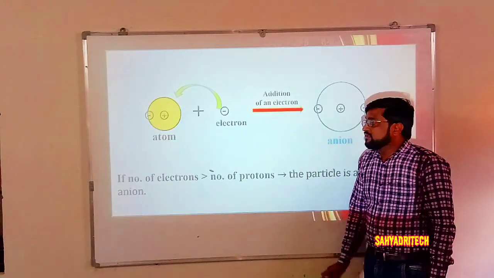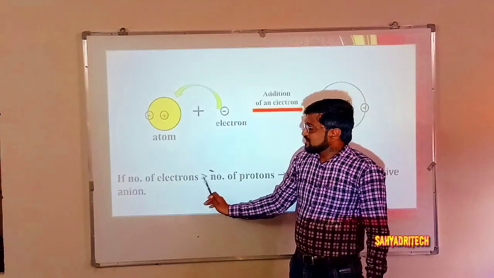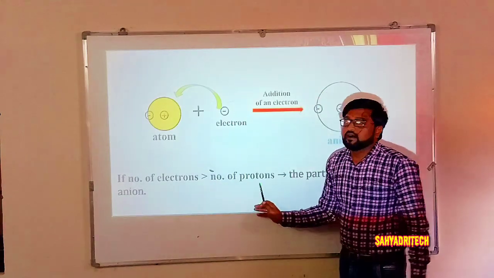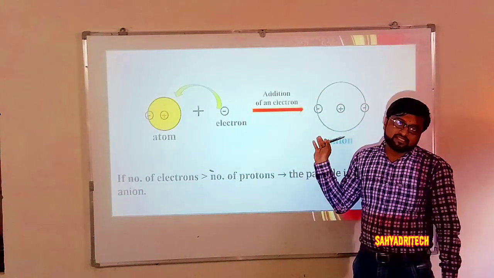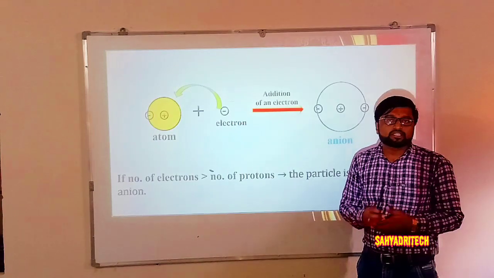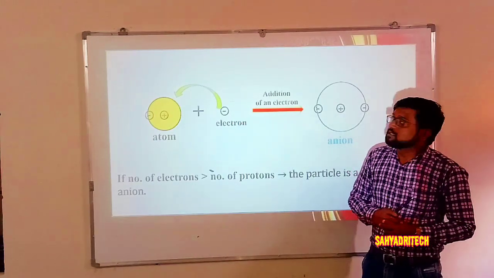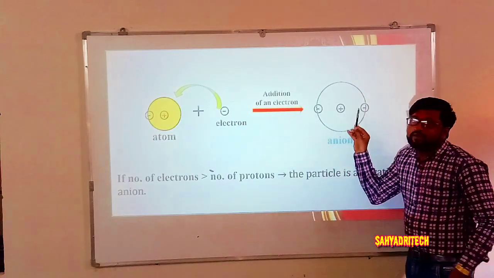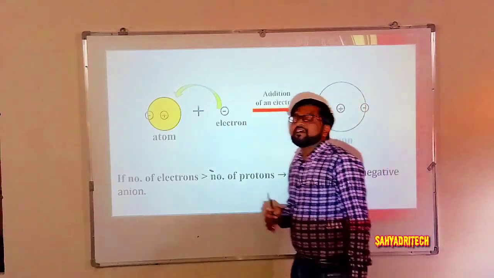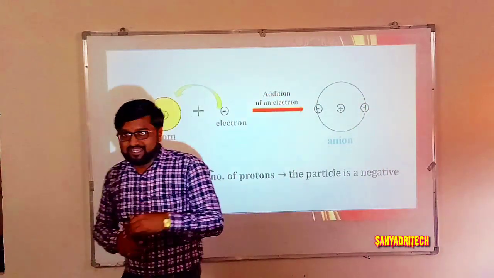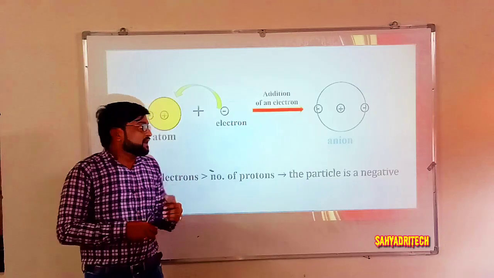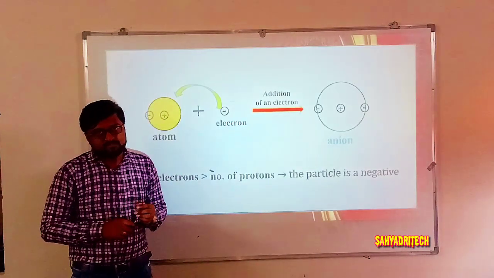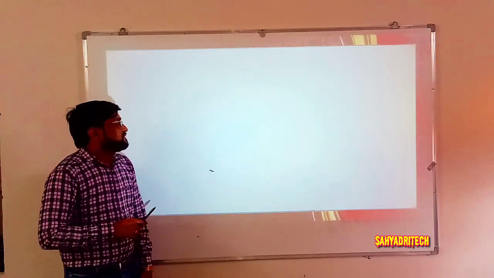Okay, remember, if the number of electrons is greater than the number of protons, then anions will be formed, a negatively charged particle. So again here, whatever the quantity of charge indicates the number of electrons added or gained by that chemical species.